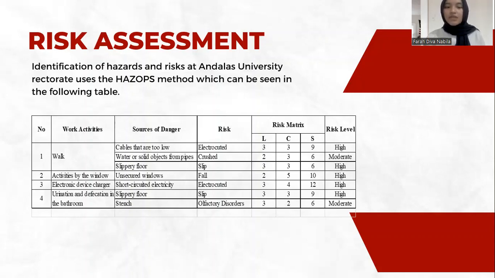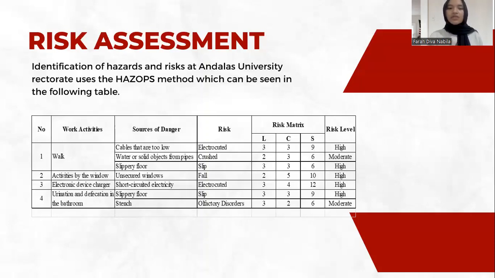Next, the source of danger is a slippery floor, the risk is slipping, and the risk level is high. The next work activity is activities by the window. The source of danger is unsecured windows, the risk is falling, the risk matrix is 10, and the risk level is high. Next is the work activity of electronic device chargers, where the source of danger is short circuit electricity, the risk is being electrocuted, and the risk level is high.